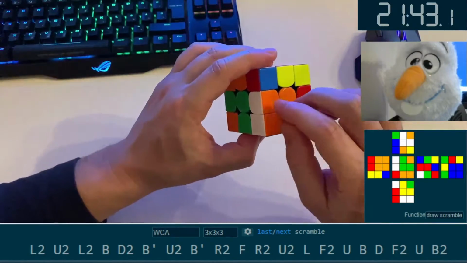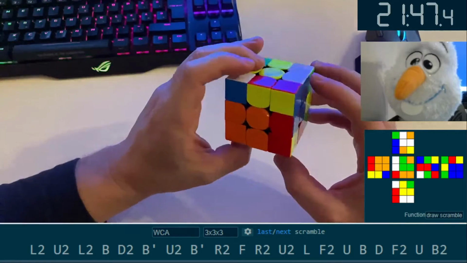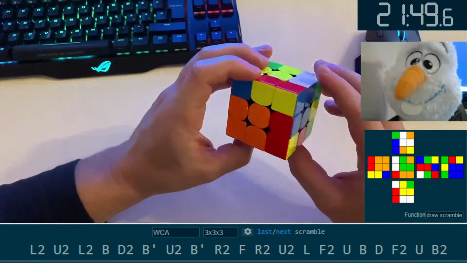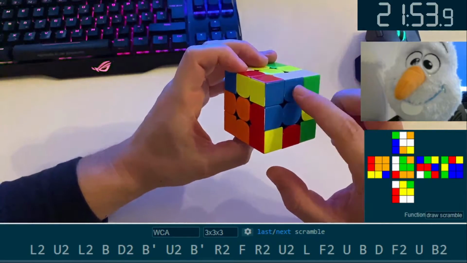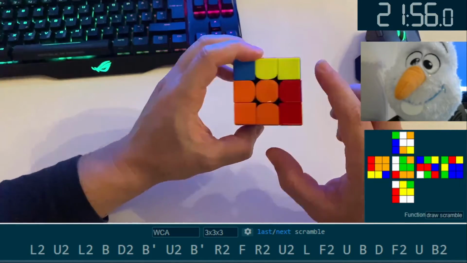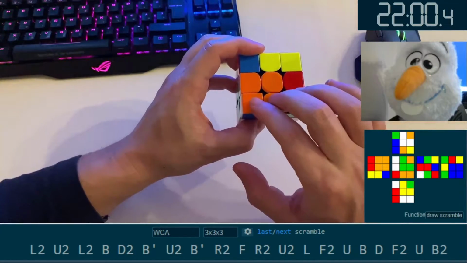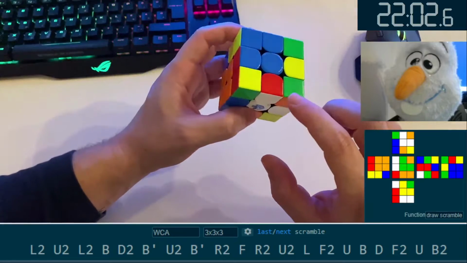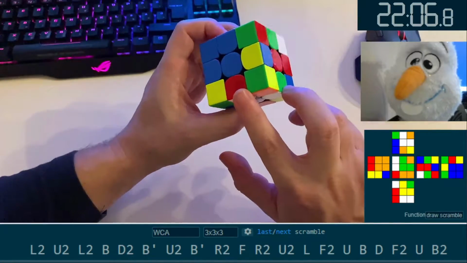We need to preserve this block over here because that's a must, which means that basically we insert blue and then orange, then we will preserve this block. And what we need to do is just adjust these two edges.